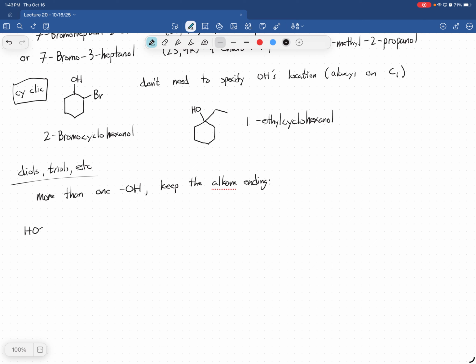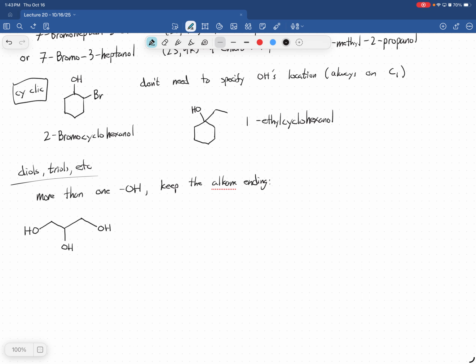HO, CH2... All right, so this is the main triol that's in animal fats, or fats in general, lipids, etc.